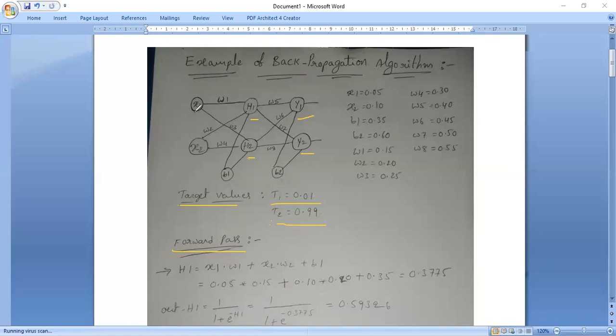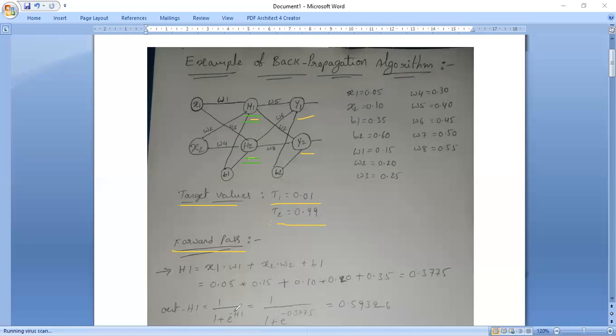What is the forward pass? In the first step we calculate h1, then h2. We calculate the input of h1, then the output of h1, as well as the input of h2 and the output of h2, by substituting the values.